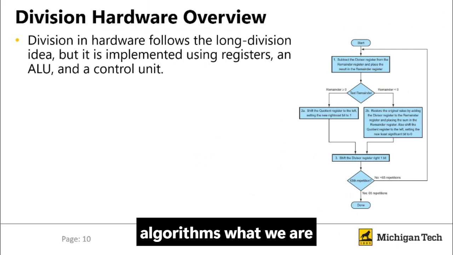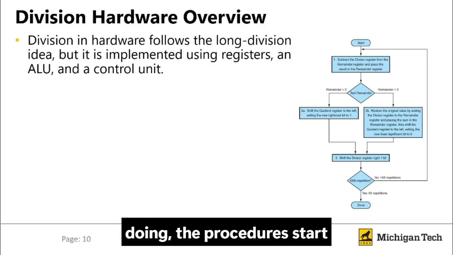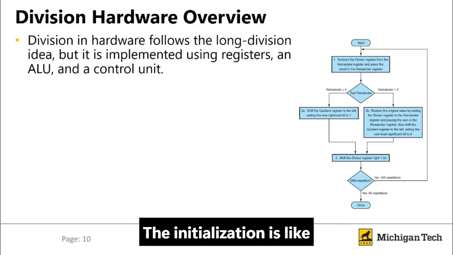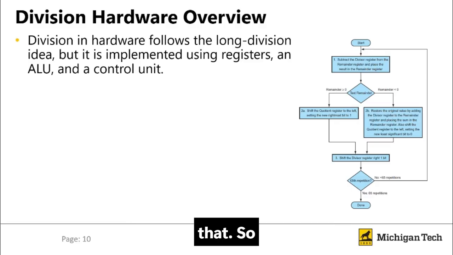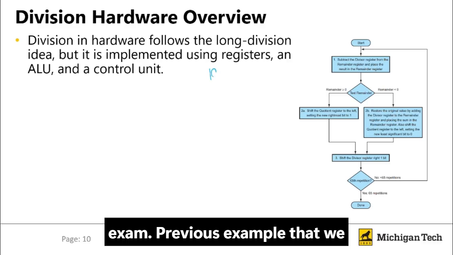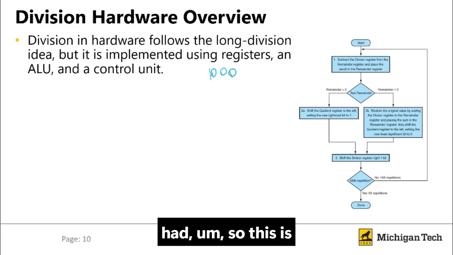In the algorithm, the procedure starts with subtracting the divisor register from the remainder. So we do some initialization. Let's do the initialization with the previous example that we had.